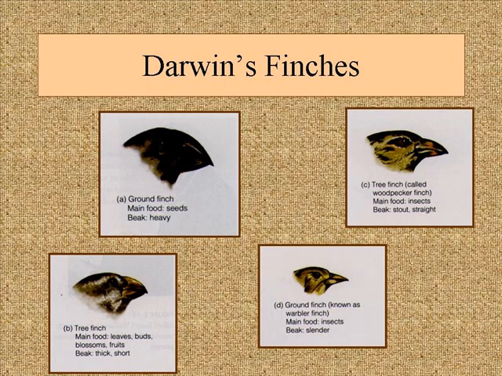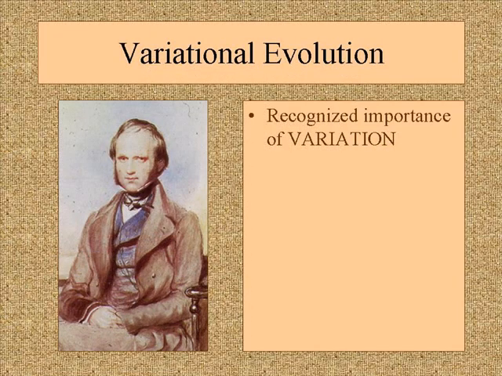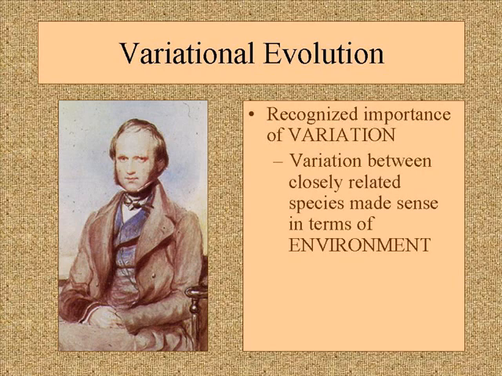And so he started to come up with the idea that what was of importance in terms of evolution was this concept of variation. And this variation was important in a couple of significant ways. The variation between species, that is, species that are very similar to one another otherwise, like these finches, made sense in terms of the environment in which they lived.